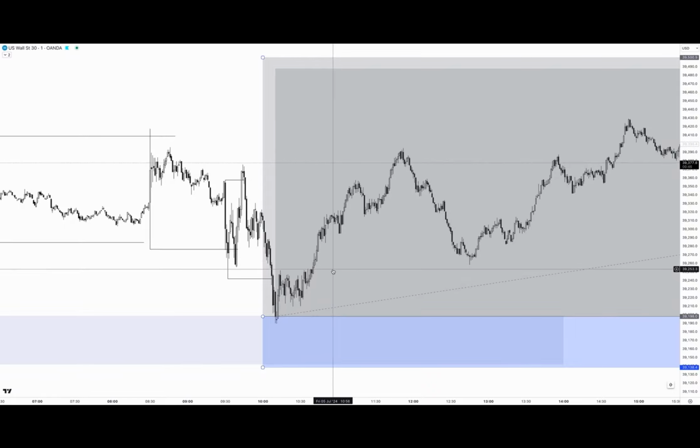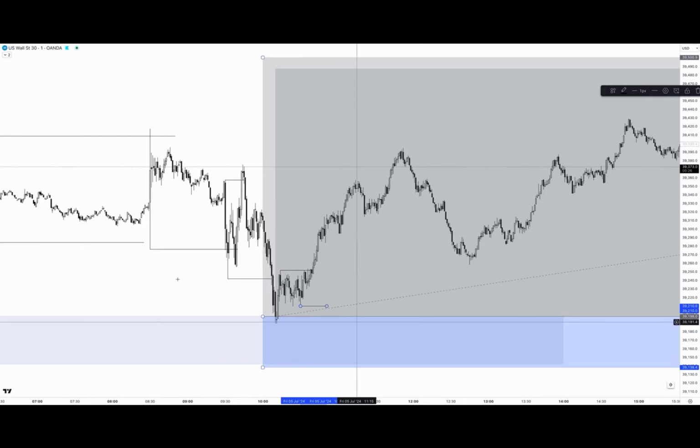Okay, so after taking out this high, if the market pulled back and took out the low, right, trapping buyers. So essentially, as soon as the market went above this high right here, if the market came lower and took out this low, I could have entered buys. However, obviously the market didn't do that, and for that reason, I am not allowed to take the buys.